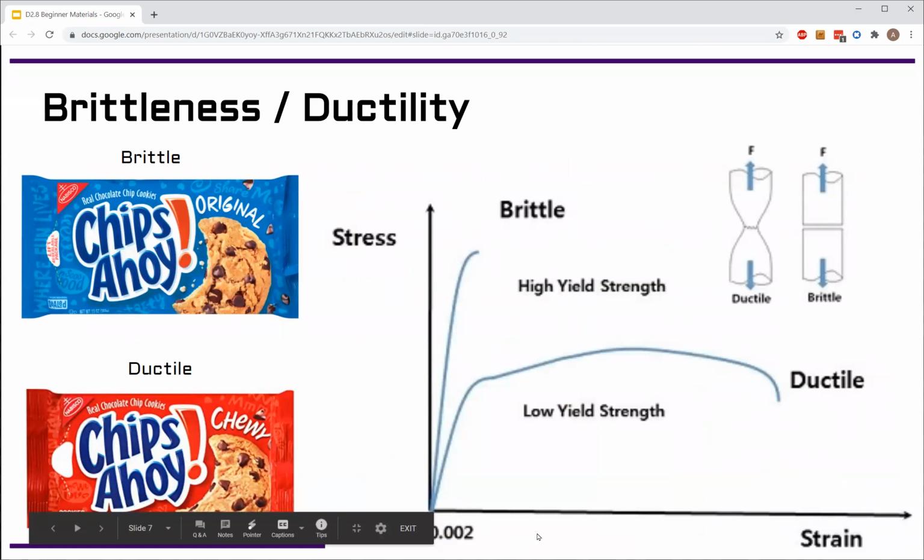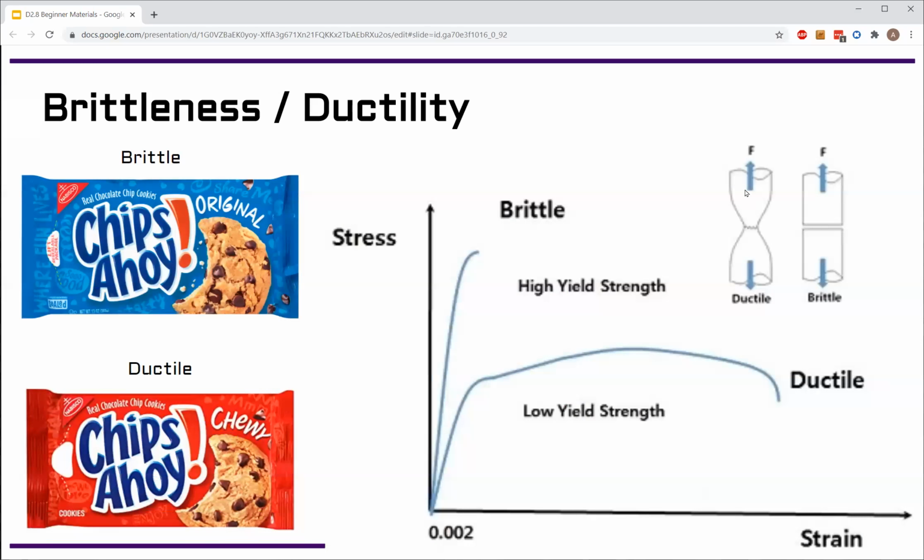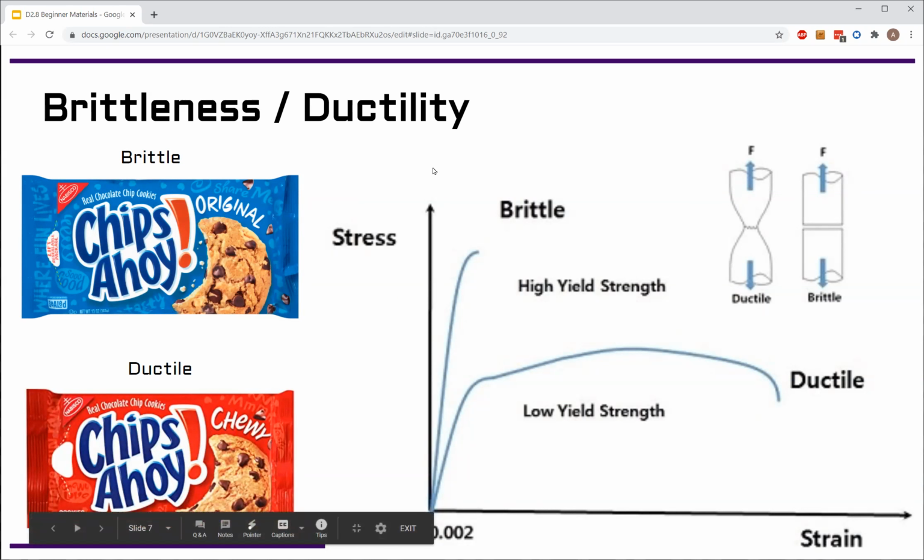So looking at this graph over here, we'll make it bigger on this next slide. You can see the y-axis is how much force you're applying, and the x-axis is the change in shape. So in the graph up here, it's how far you're able to stretch that material, how much longer it gets is the x-axis, and the y-axis is how much force it's taking. So a brittle material takes a lot of force without actually moving very much.